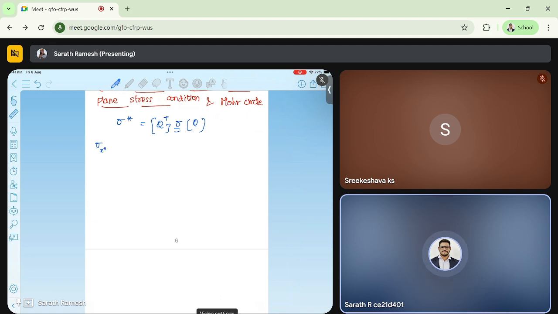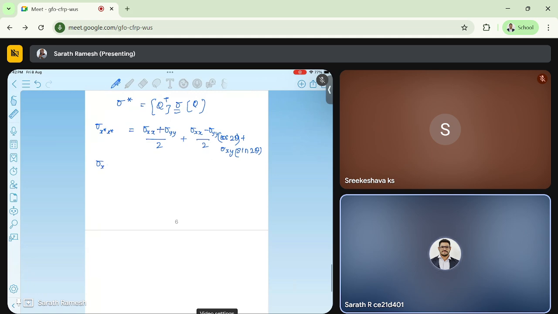Sigma x star was sigma xx plus sigma yy by 2 plus sigma xx minus sigma yy by 2 cos 2 theta plus sigma xy sine 2 theta. And similarly, sigma x star y star was minus sigma xx minus sigma yy by 2 sine 2 theta plus sigma xy cos 2 theta.